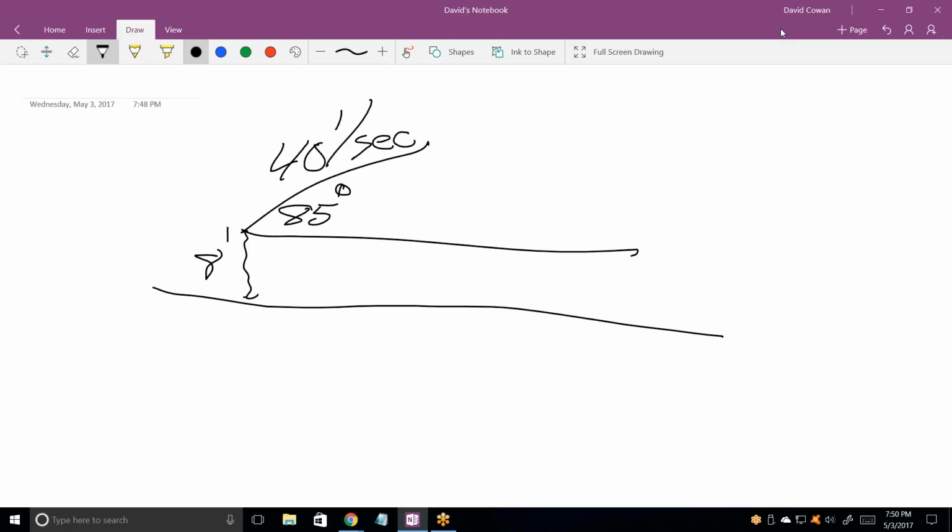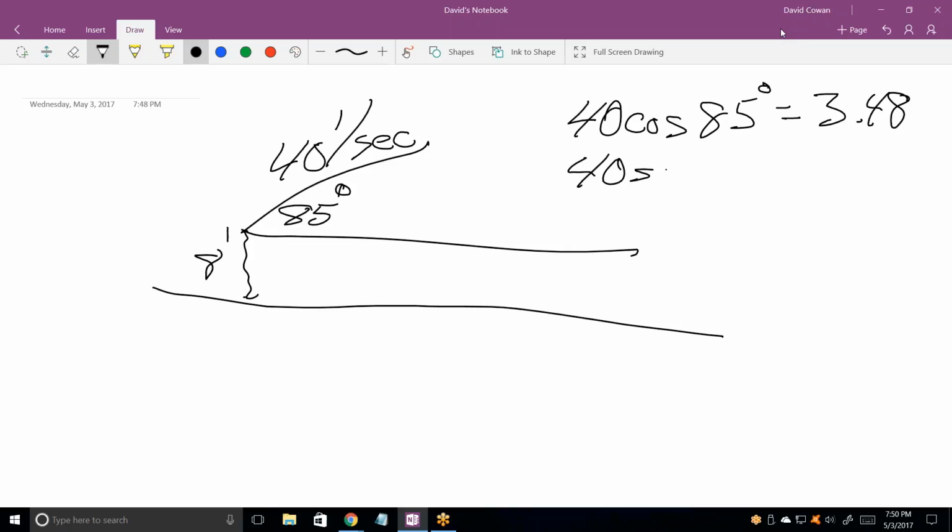In other words, its horizontal component is 40 times the cosine of 85 degrees, right? What's that number? Give me a number on that. But it shouldn't be very much horizontally. 3.48. It's only going 3.48 feet per second in a horizontal direction because it's almost being fired straight up, right? Now let's figure out the vertical component.